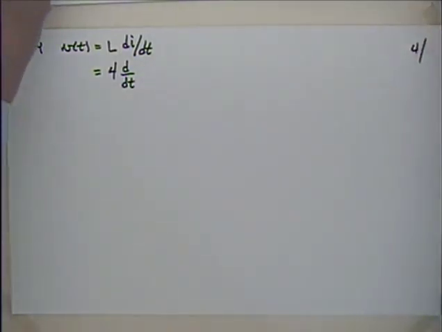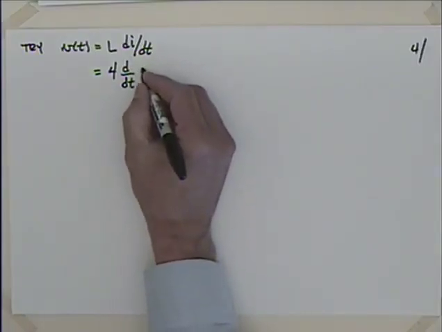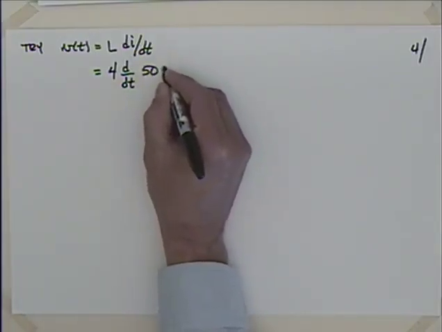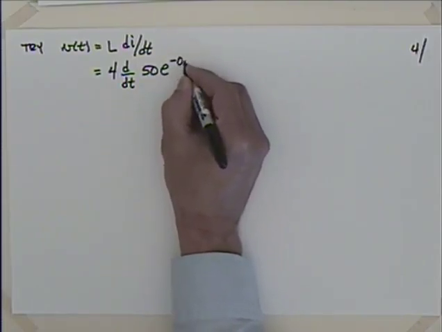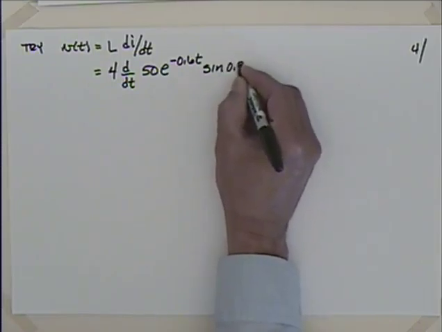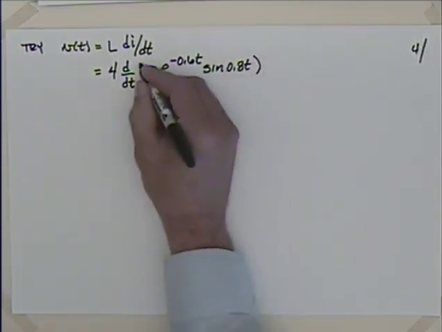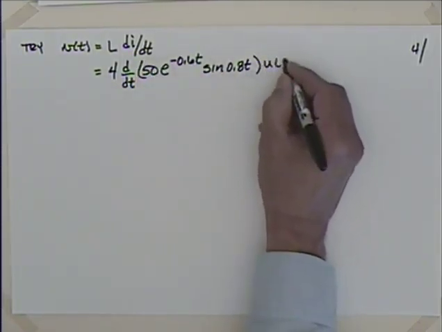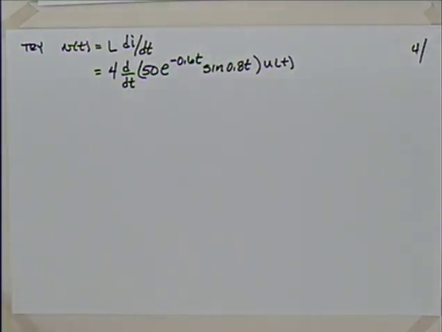What do we have for i? That was that expression that we had finished up with, that 50 e to the minus 0.6t sine of 0.8t u of t. So I want to hang on as we do that.